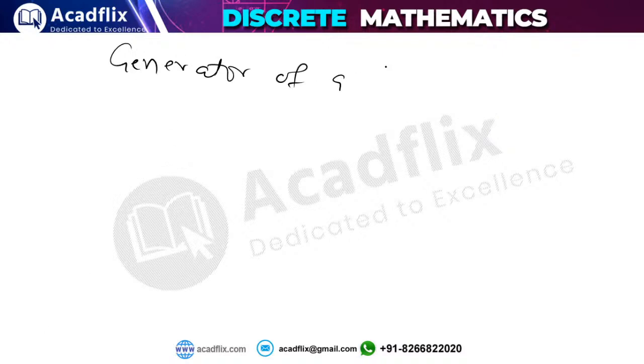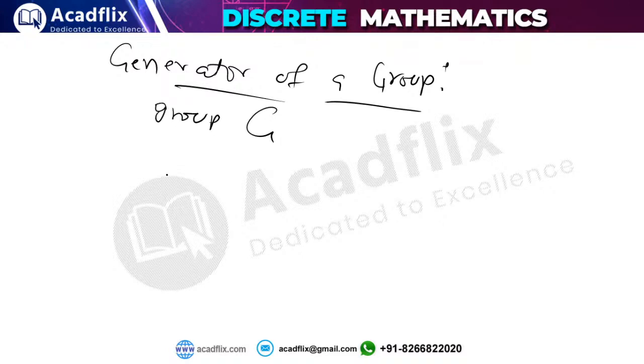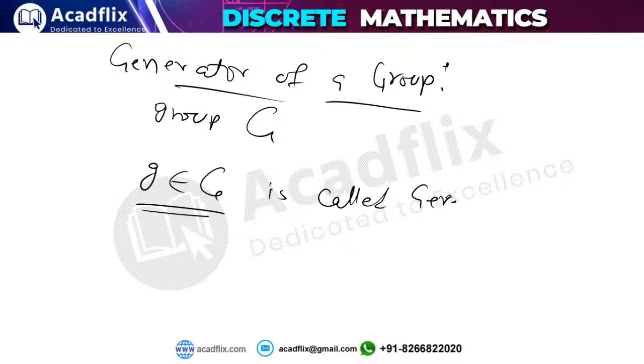Generator of a group. What is generator of a group? Let's assume this is your group G. Then an element g of this capital G is called a generator if and only if you can generate every element.